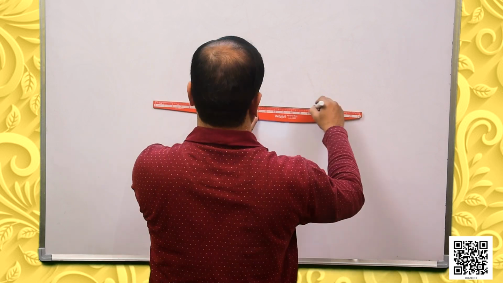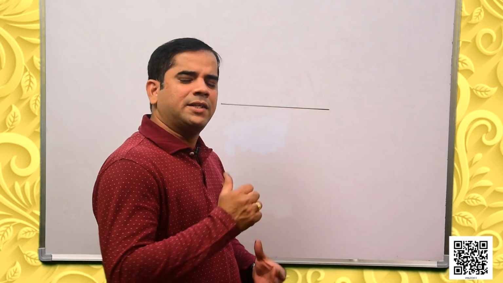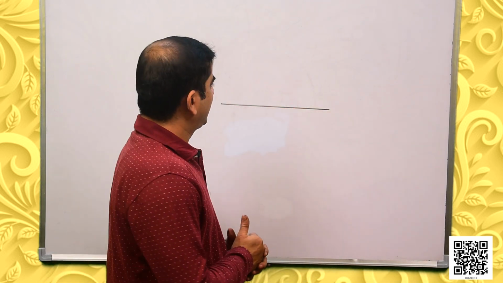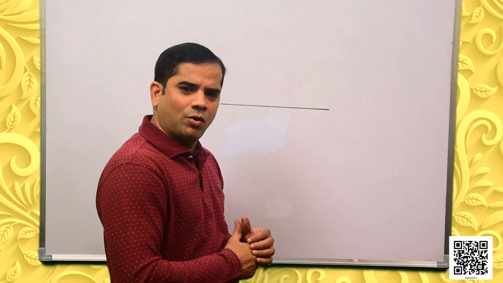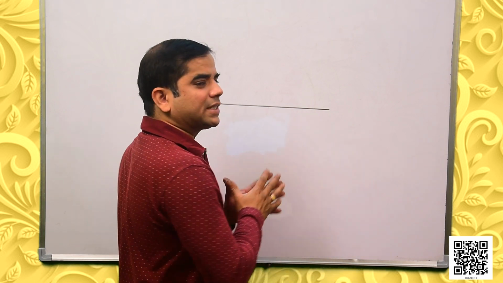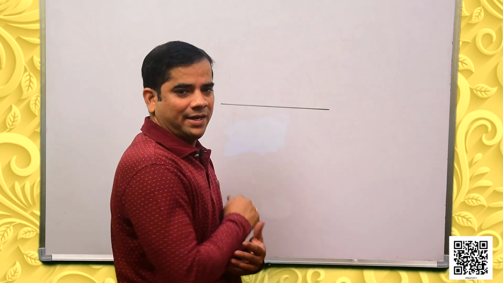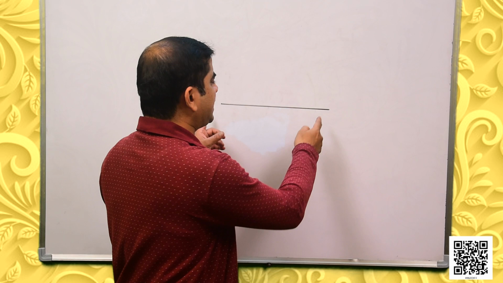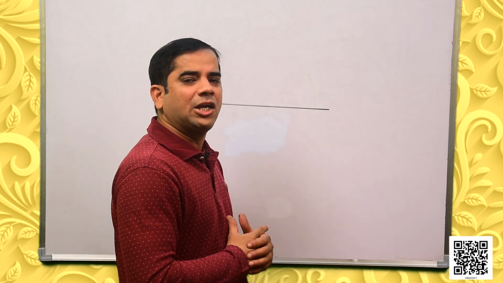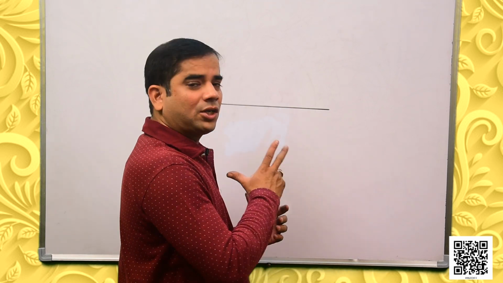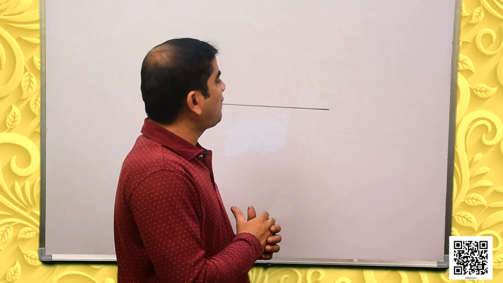Okay. Students, you need to understand that this is a line segment. Okay. Suppose this is one of the sides. I have not measured the value of this side, but if this is one of the sides of the equilateral triangle, the other two sides should be of same value.